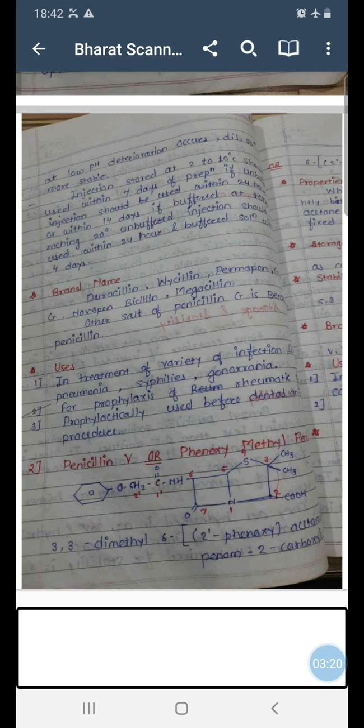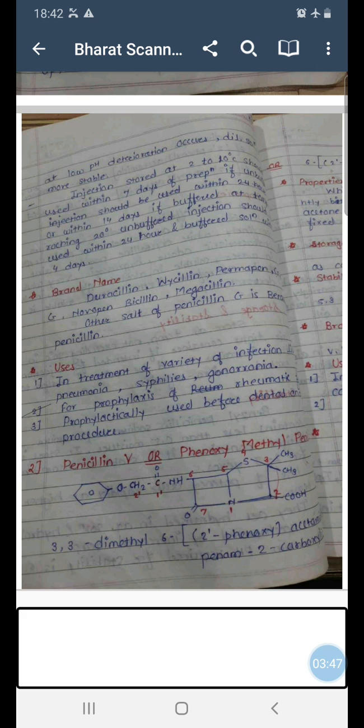So in this case also we can consider this COOH along with penum. So the name of the base will be penum-2-carboxylic acid. Then at position 3 you have the normal substituents of penicillins, that is two methyl groups, that is dimethyl. The name of the base will come at the end, that is penum-2-carboxylic acid.